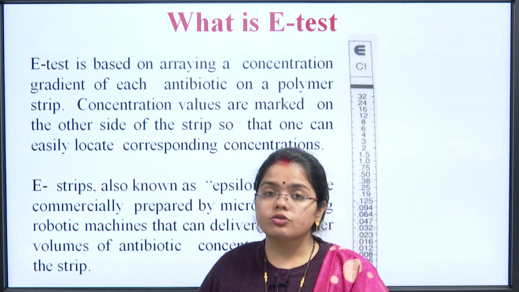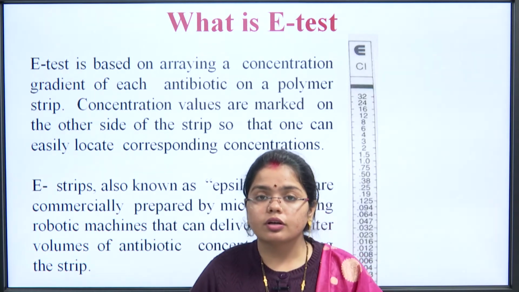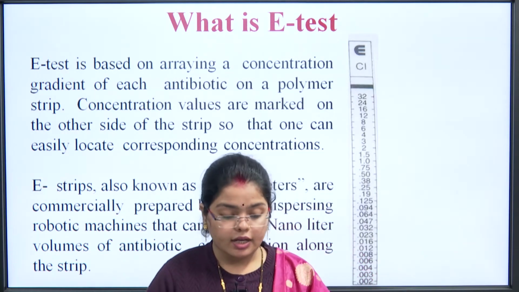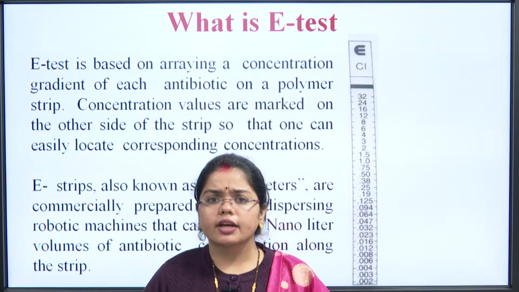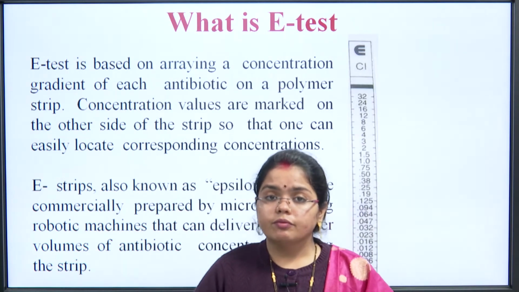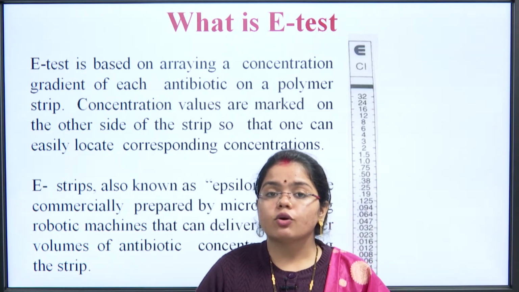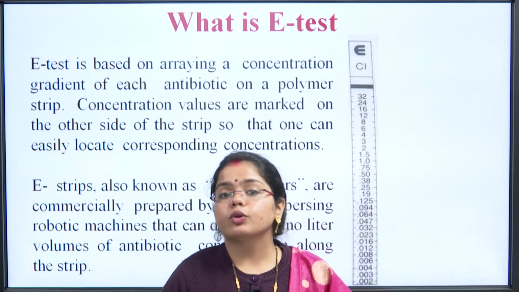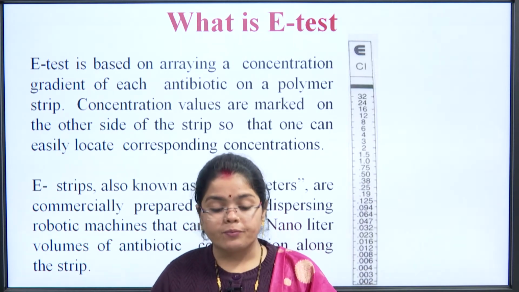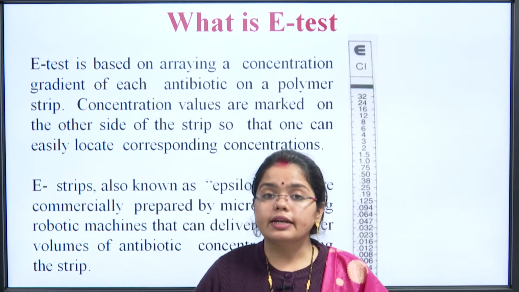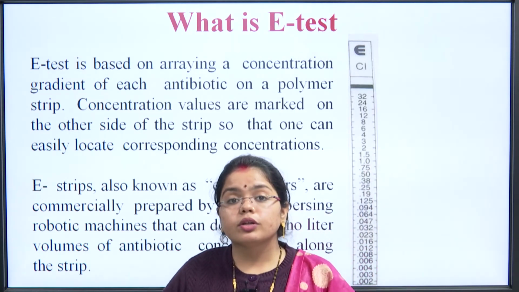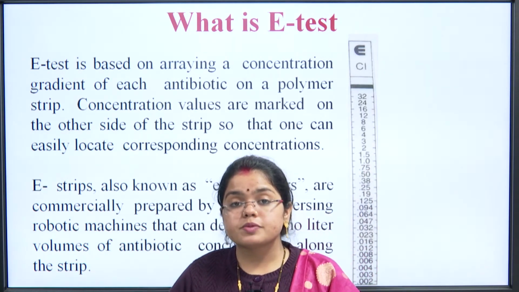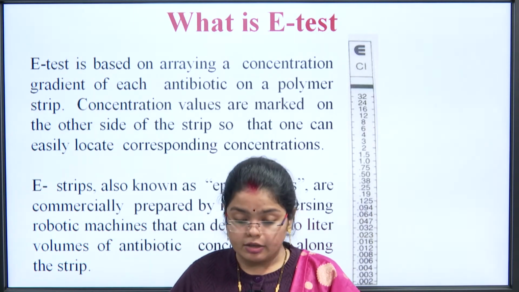We dilute the particular broth again and again, maintain that dilution for a longer duration, and culture it again and again. From that we derive the concentration required to inhibit the growth of a particular bacteria. But what is the E-test doing? The E-test helps us find out the particular range, or the number of microorganisms, that can be cleared by that particular antibiotic.